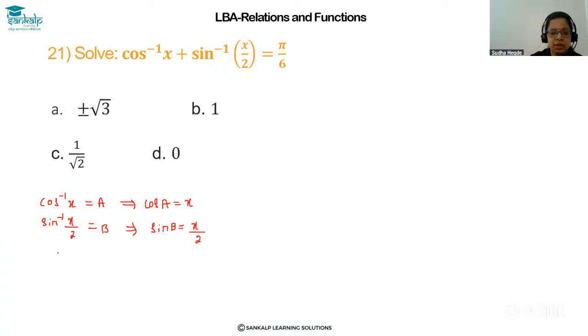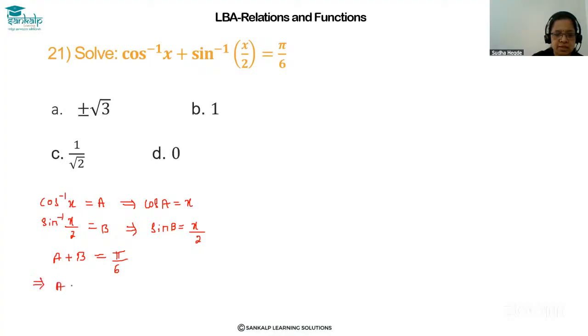So the given expression becomes cos inverse x is A plus sin inverse x by 2 is B, is equal to pi by 6. Okay, but we need to solve for x, so let me rearrange it.